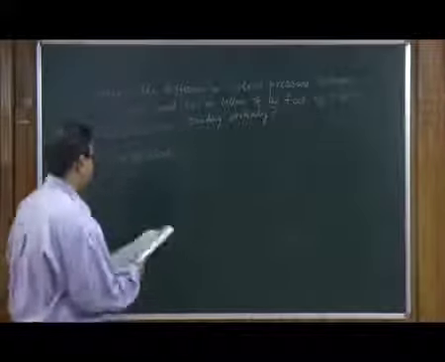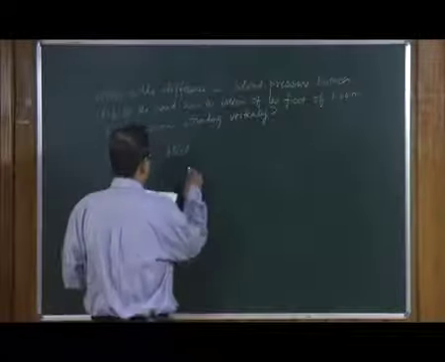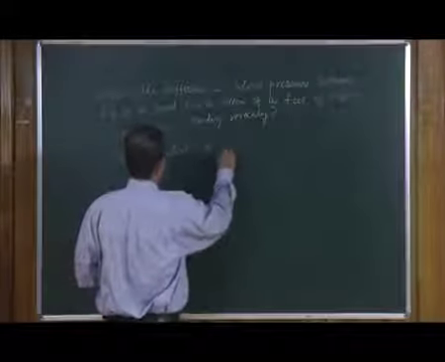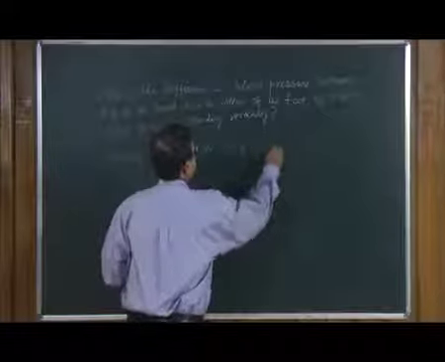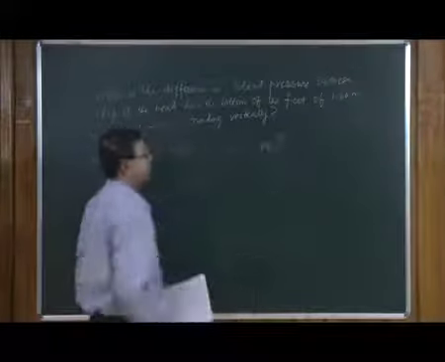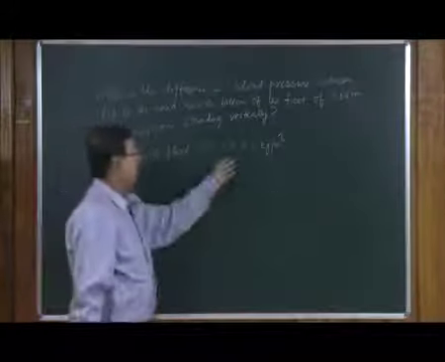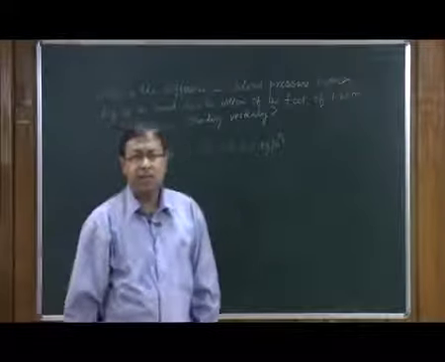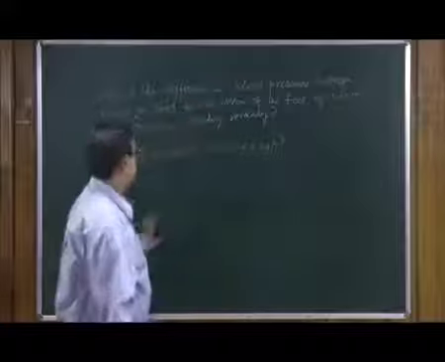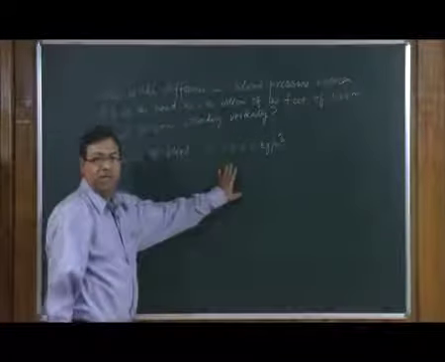So, this is the average density of blood, which is 1060 kg per meter cube. Just take a note that this value for water is 1000 kg per meter cube. So, blood is a little more dense than water.